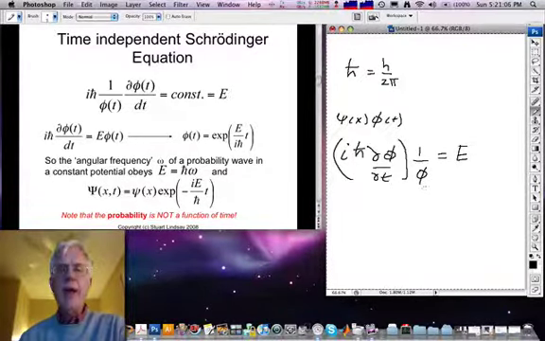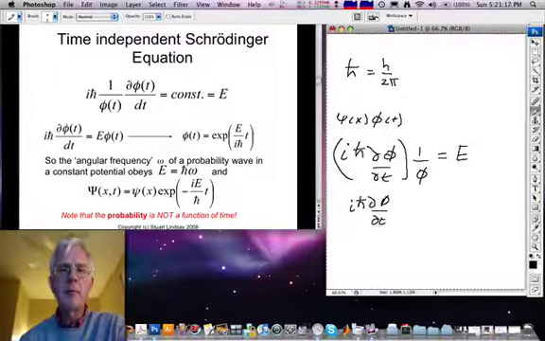There's a reason for doing that, because when we rearrange this equation in the following way, we see that the solution is an exponential.